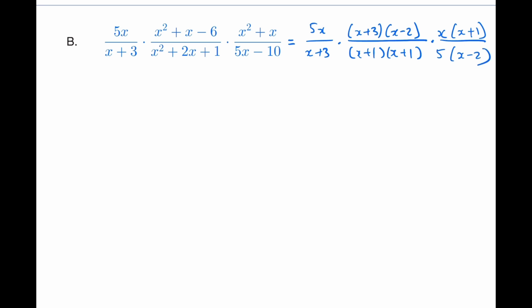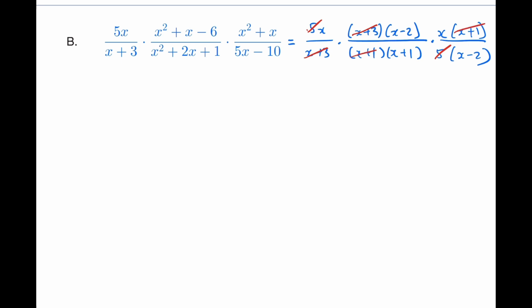So now what we would do is start canceling things. We see that there's a 5 up here and a 5 down here, so we would cancel those. We have an x plus 3 up here, an x plus 3 down here, so we'd go ahead and cancel those. And we also have an x plus 1 here and an x plus 1 here, and we would cancel those.